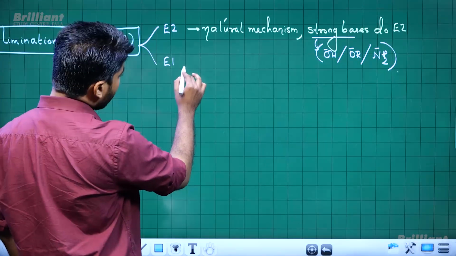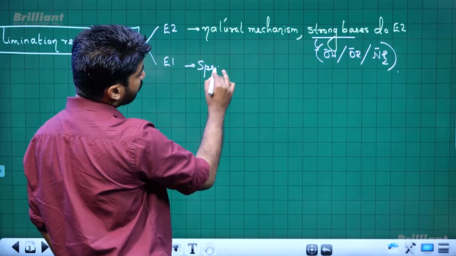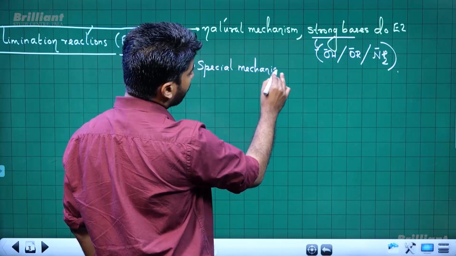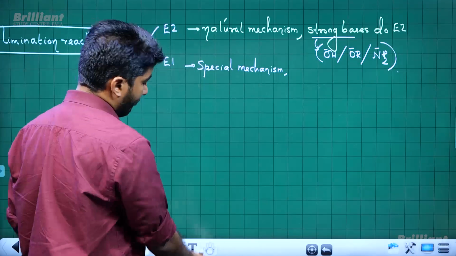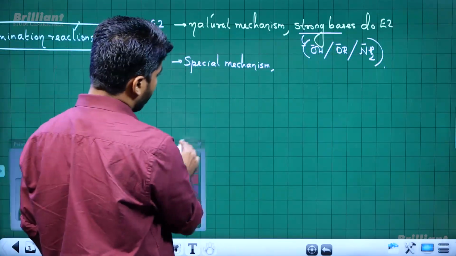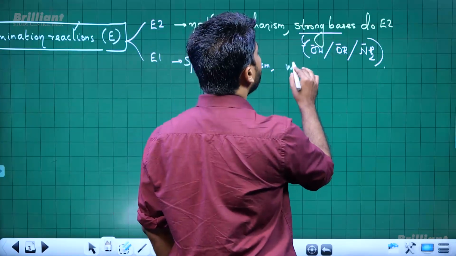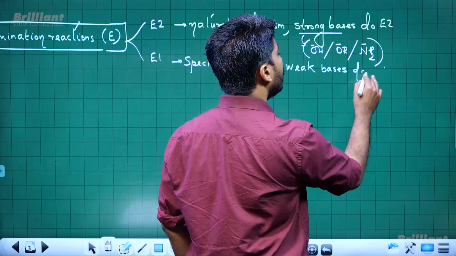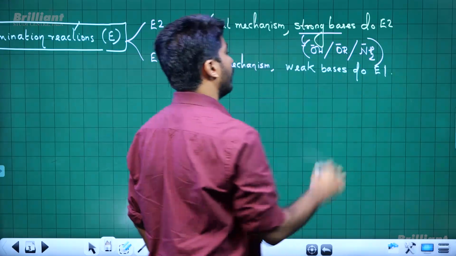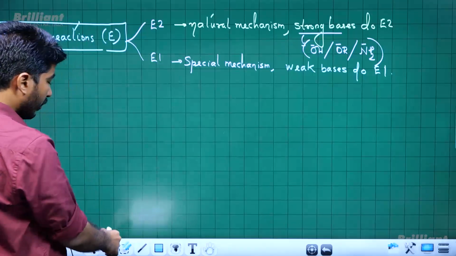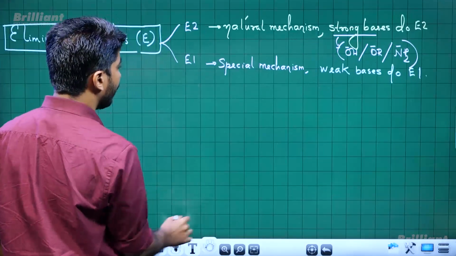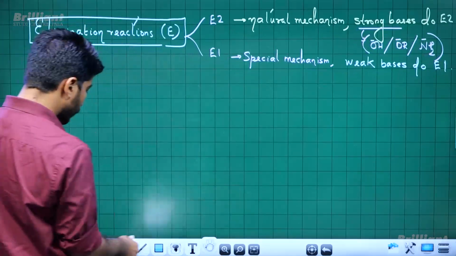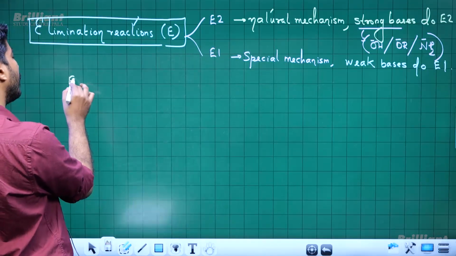The E1 mechanism is a special mechanism. Weak bases do the E1 mechanism, a special mechanism because there is involvement of a carbocation intermediate. Now let's quickly outline the mechanism of both pathways.